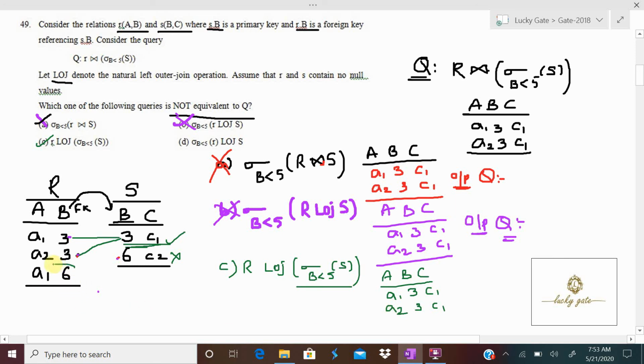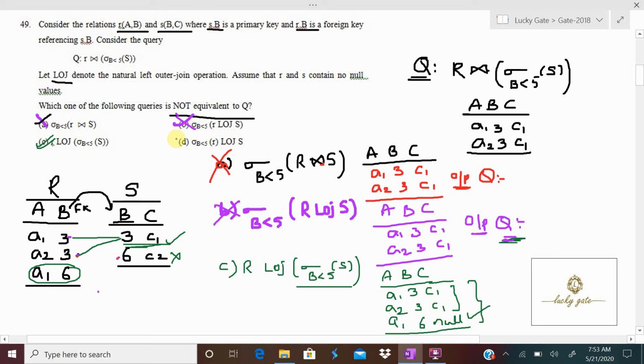For the R table, this is a non-matching row, that is A1 6. It is not matching with any tuple of S, so the attribute C is shown as null. It means option C is giving a different output than Q. Q has only these two rows, but option C is giving one extra tuple because of the left outer join. So the answer for this question will be option C.